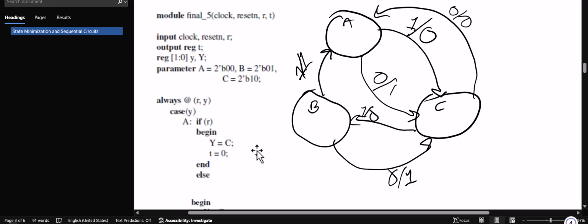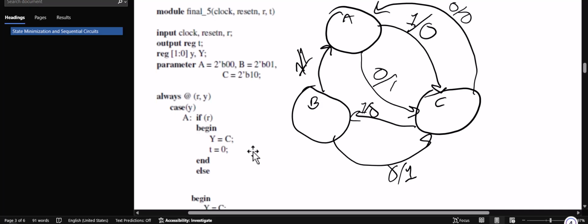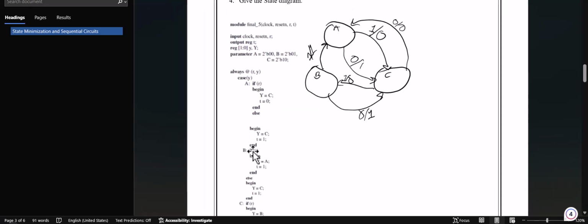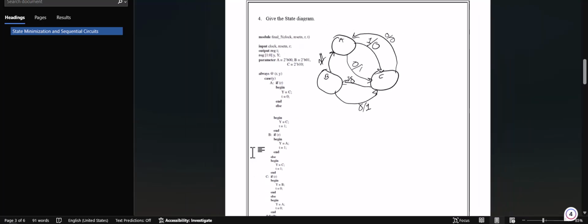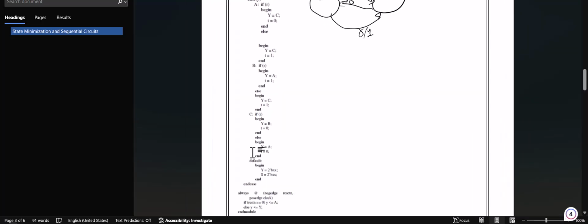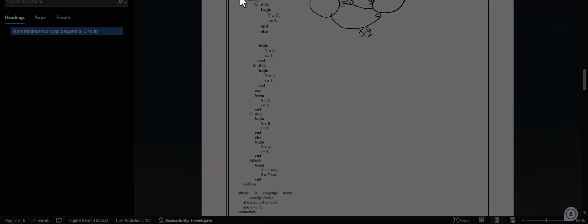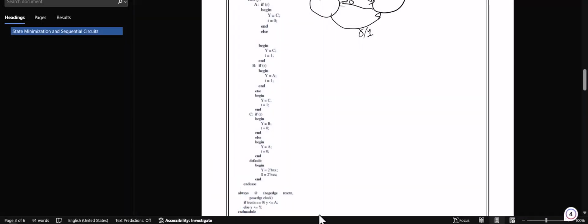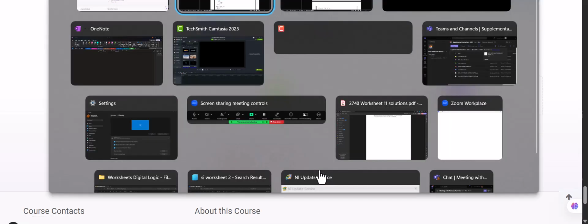Now I'm going to change this up a little bit. Whenever it goes from B to A, is that 1, 1? Yes, that's 1, 1. So I'm going to change this up, and we're going to have something similar but not the same.